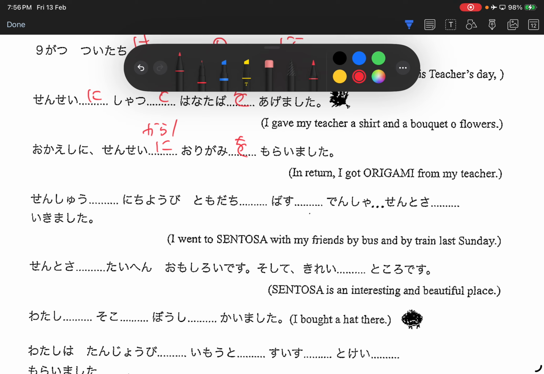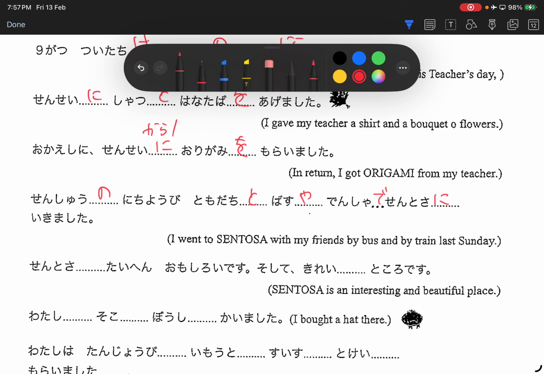先生の日曜日、友達とバスや電車でセントサに行きました。Okay, so I repeat the answer. 先週の日曜日 is correct. 友達と is correct.